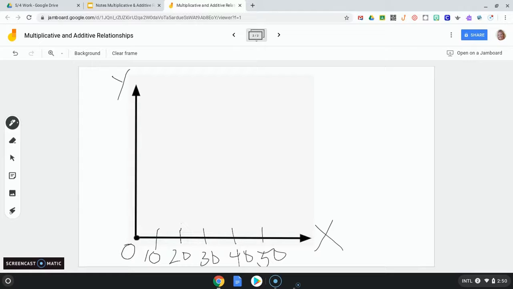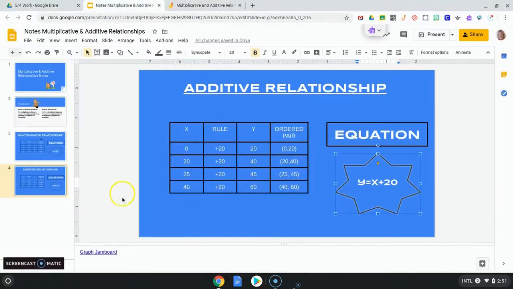And then going up the y-axis, we're going to still keep it 10s, 20, 30, 40, 50, and then 60.